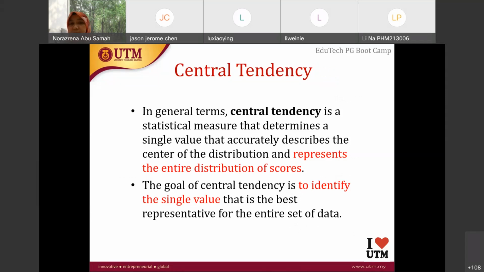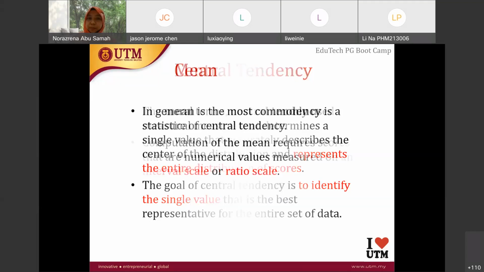Central tendency, where there is a tendency to go to the middle, the central. The goal of central tendency is to identify the single value that is the best representative for the entire set of data.